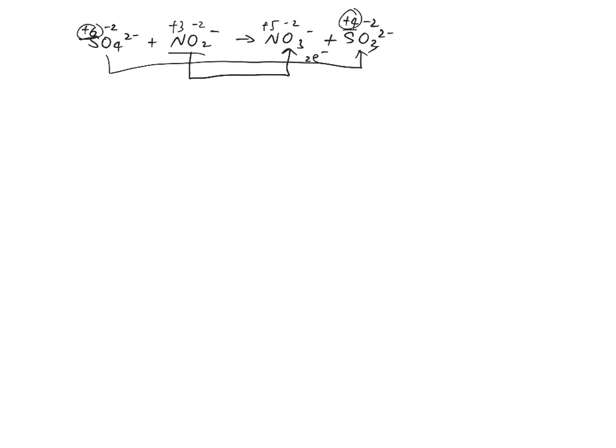Okay, going down means gaining negative charge. Okay, so you gained 2 electrons. Okay, and similarly from +3 to +5. Okay, you're having a higher positive charge, and that means losing, or lost, 2 electrons.